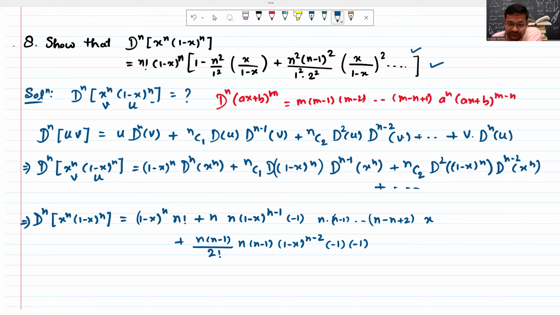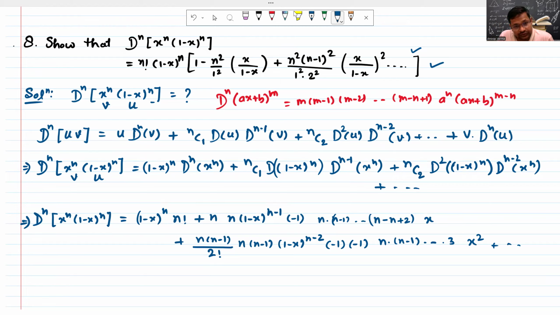Okay, and what is the derivative of this x power n? It will be n minus 1 up to 3, because here we will get up to 3, 2, here we get 3. Okay, x square and so on. So this is the nth derivative.